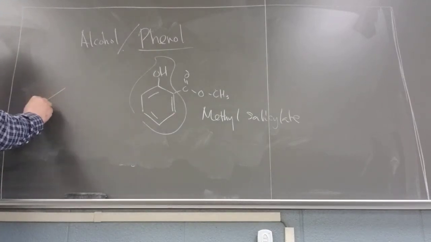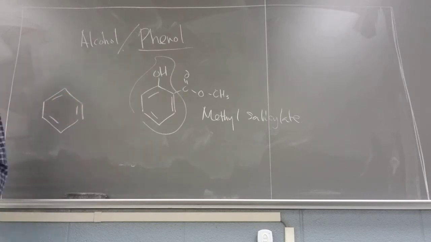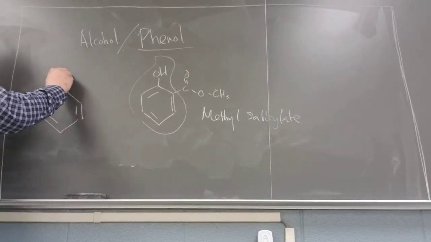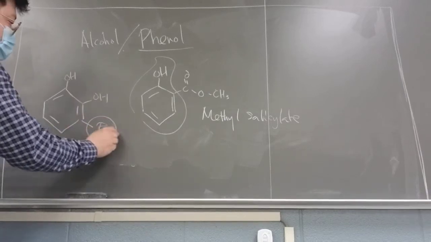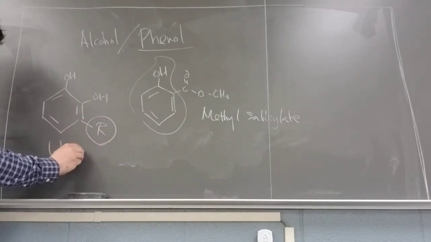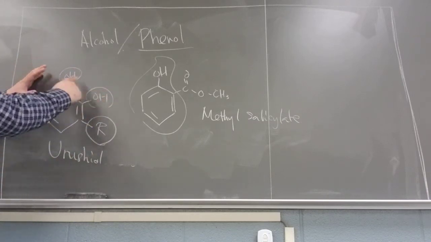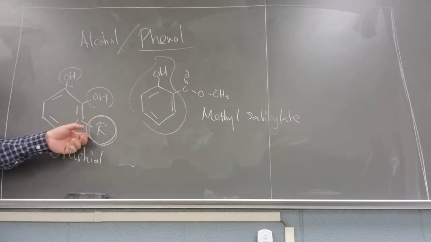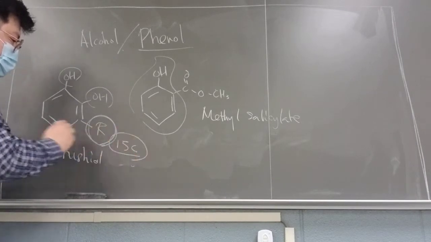There's a funny one here. You guys know poison ivy, right? This is the one that causes allergenic reactions in your body. It is called urushiol. It has a 2 hydroxy group on a benzene ring-like structure with an alkyl substituent group over here, normally about 15 carbons long.